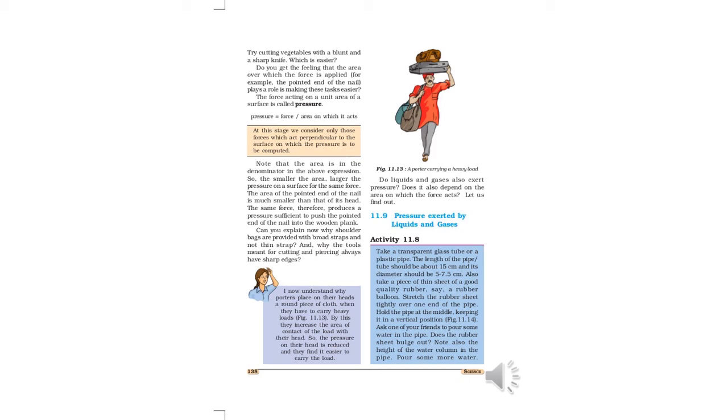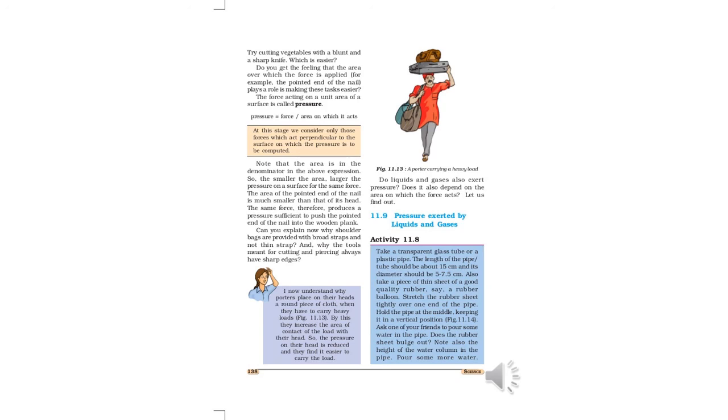So, it is directly proportional. That is, if more water level is there, more bulging will be there. Less water level is there, less bulging. So, from this, what we can conclude is, pressure exerted by water at the bottom of the container is proportional to the height of its column.